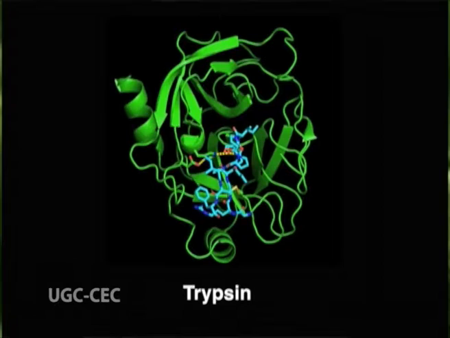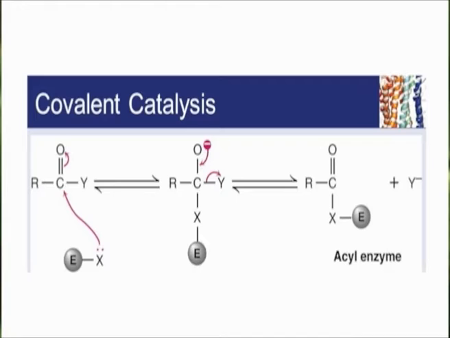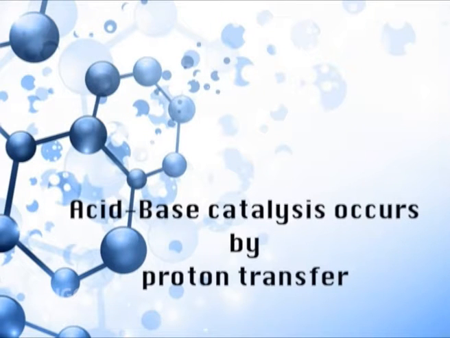For example, proteases like trypsin perform covalent catalysis using a catalytic triad, then stabilize charge built up on the transition states using an oxyanion hole, and finally complete hydrolysis using an oriented water substrate. Acid-base catalysis occurs by proton transfer.